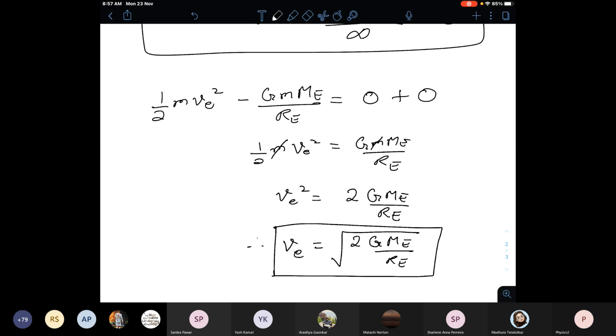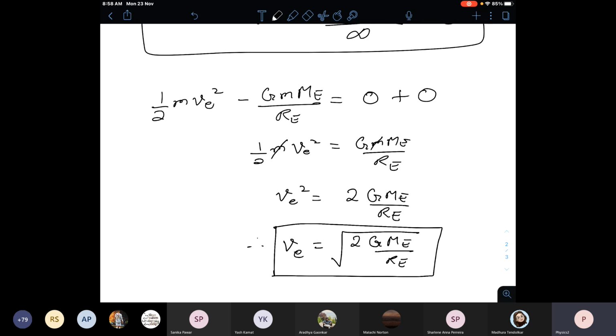And if you change the planet, the mass and radius will change. The mass and radius of that planet will be required. Like suppose you want the escape velocity on Mars. Then what will be the formula for that? Under root of 2G mass of Mars upon the radius of Mars.